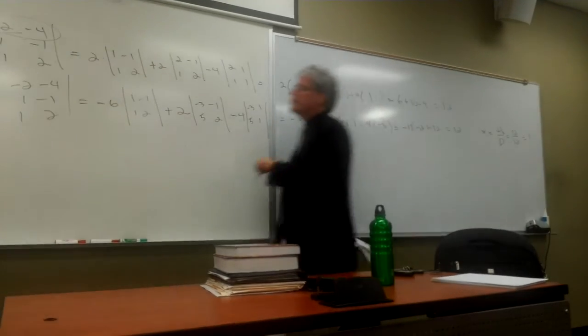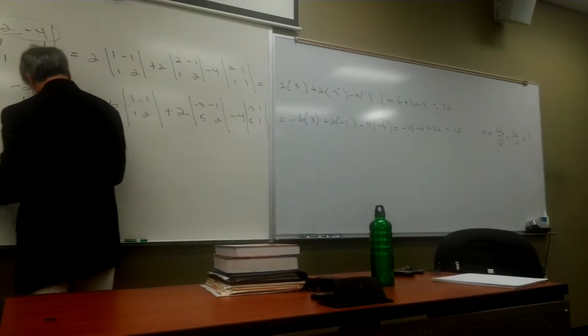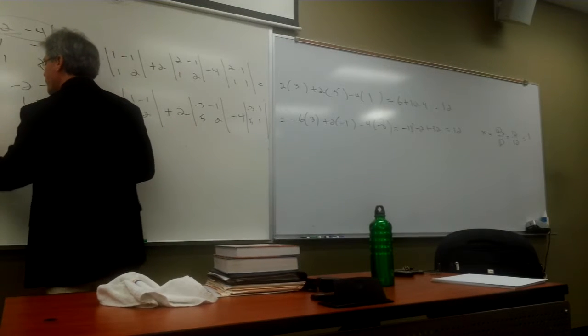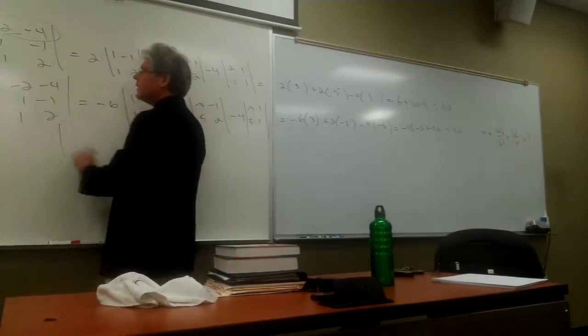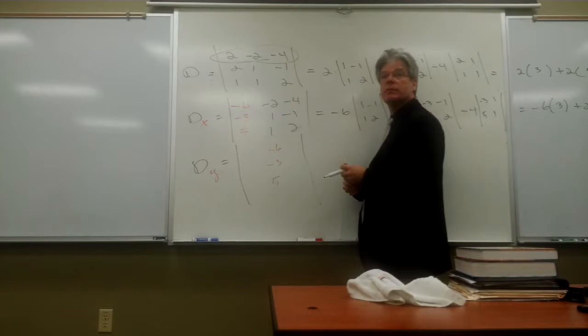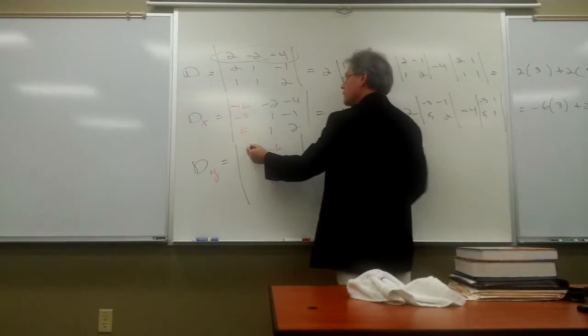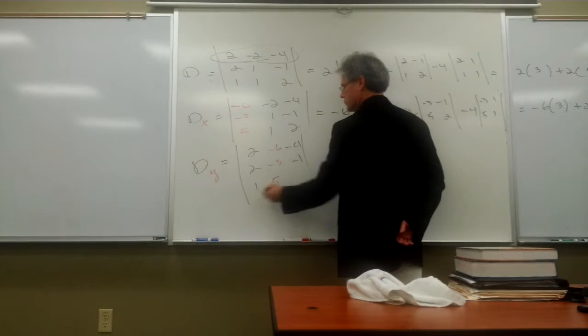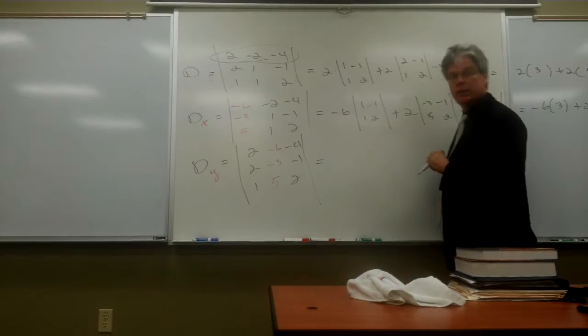Well, for my D sub y, I think here too, it's nothing more than the original D coefficient matrix. It's just this time, for the y coefficients, I'm going to replace those with the constant terms on the right-hand side of the equal sign. What remains standing is everything else in the first and last columns. So let's evaluate.